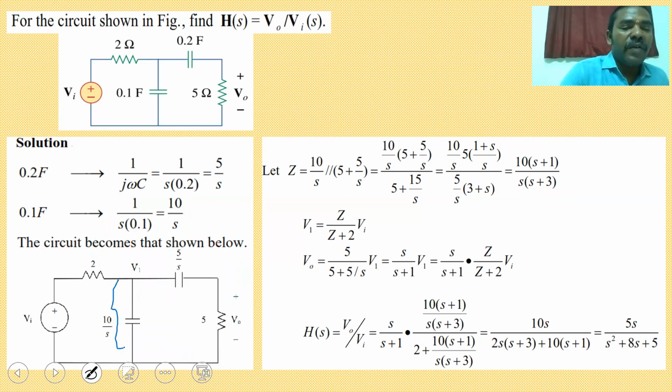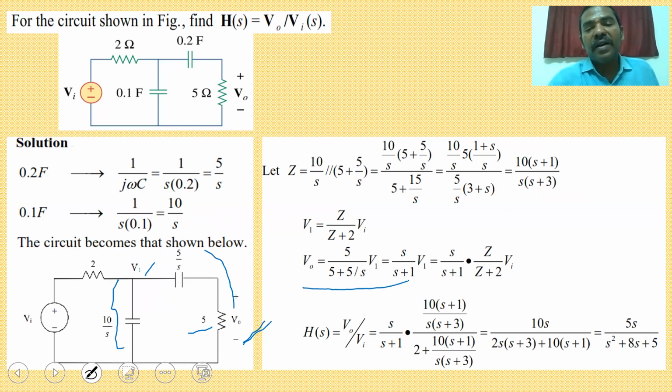So now V0 is equal to V1 into same resistance divided by sum of the resistance they are connected in series. So 5 divided by 5 plus 5 by S into V1. So finally you are getting S by S plus 1 into Z by Z plus 2 into V1.